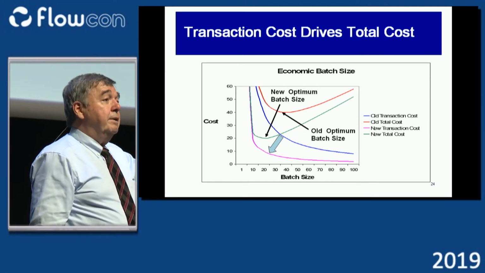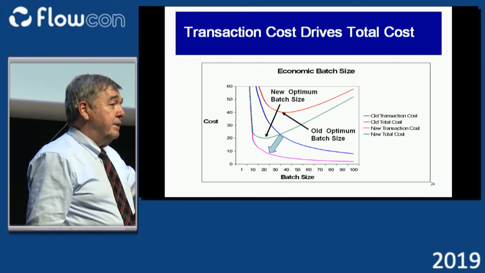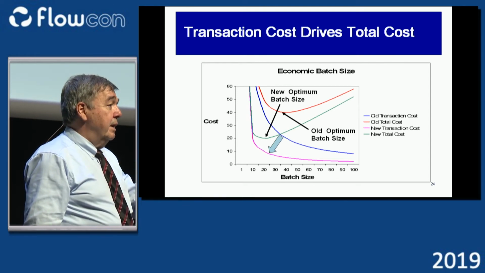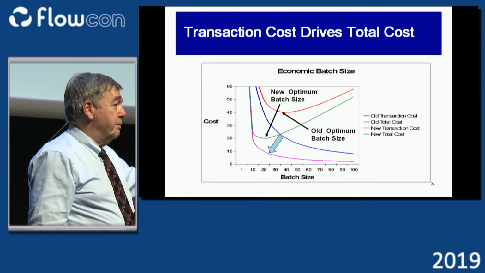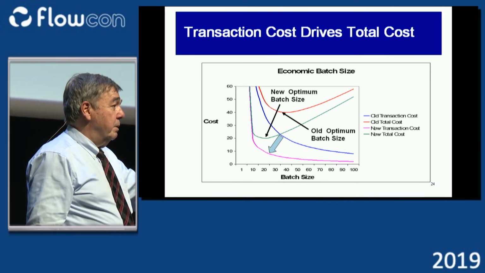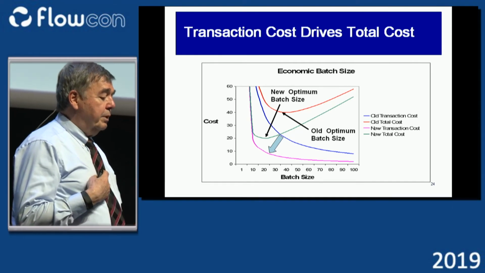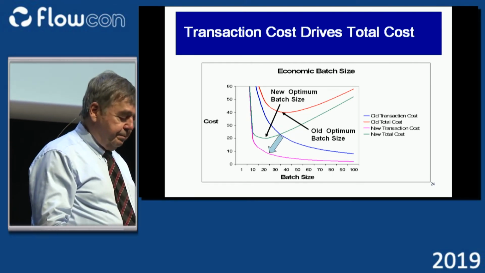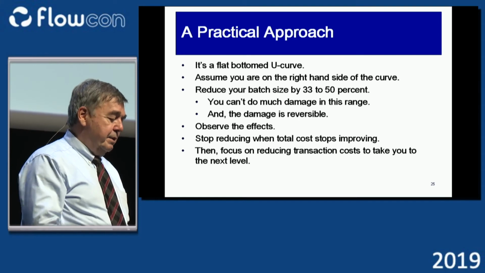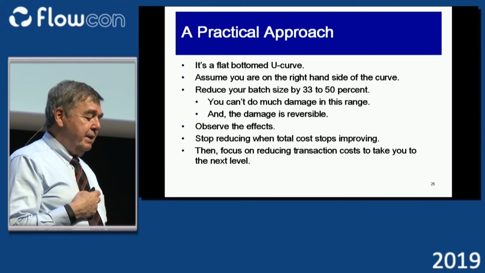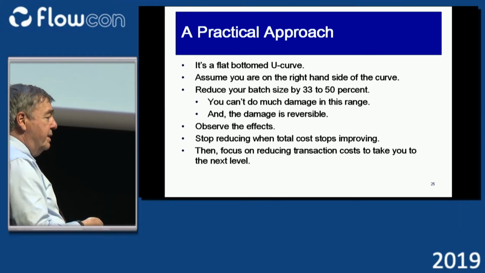So most people understand the effect of transaction cost on batch size. I don't find most people really understand what the effect on total cost is. And that's quite important if people are asking you about what's going to happen to total cost. Okay, so practically speaking, I mentioned this, you're likely to be on the right side of the curve.